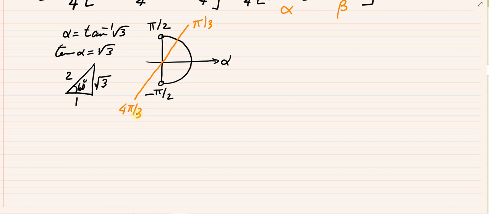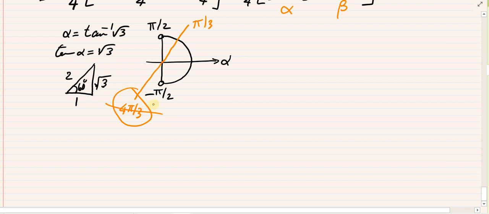However, if you look at the range of the inverse tangent, we're going to rule out 4 pi over 3 because it's not in this range. It's got to be from negative pi over 2 to pi over 2. Anything outside of that we rule out. So we're only going to accept pi over 3, and therefore alpha is pi over 3.